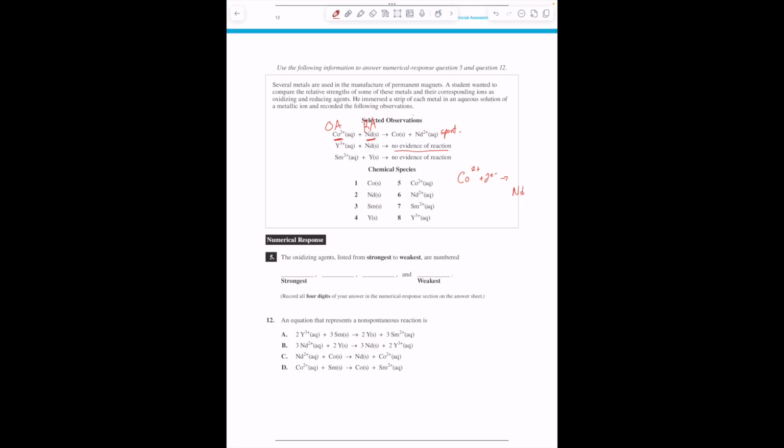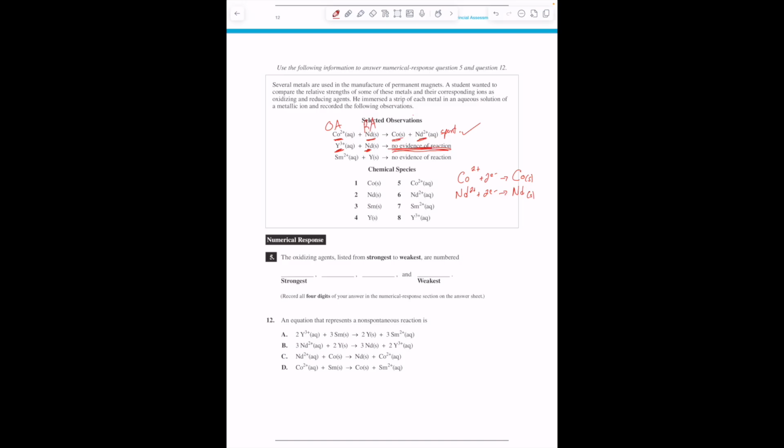Co2+ becomes Co solid. This is Nd solid. Okay, so I know that reaction's taken care of. Y3+ is below Nd because it is not spontaneous.